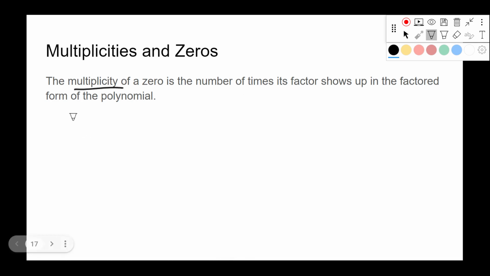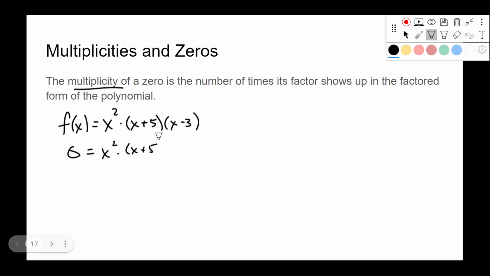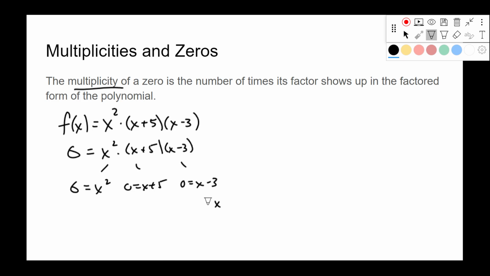So for example, if I had a polynomial, let's say one that's in factored form, f of x equals x squared times x plus 5 times x minus 3. And I said, okay, let's set it equal to 0 and solve it. You could do that, would not be a problem. Set it equal to 0, split them all up. 0 equals x plus 5, 0 equals x minus 3. Here we get 3, here we get negative 5, here we get 0.